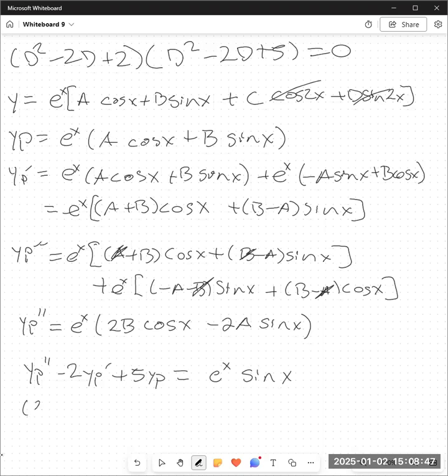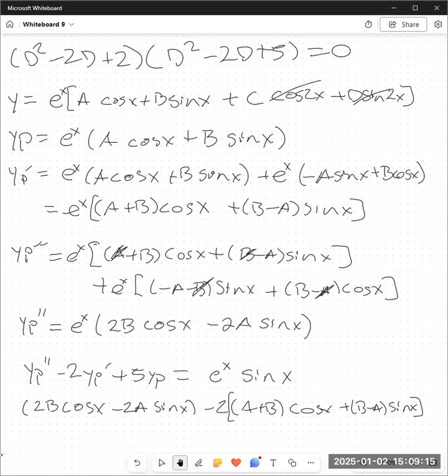I've got 2b cosine x minus 2a sine x, minus 2 times, and then yp is a plus b cosine x plus b minus a sine x.